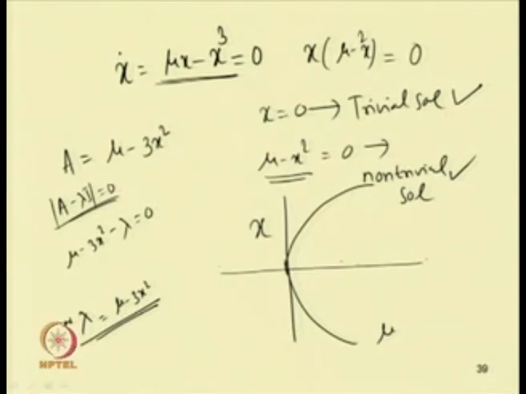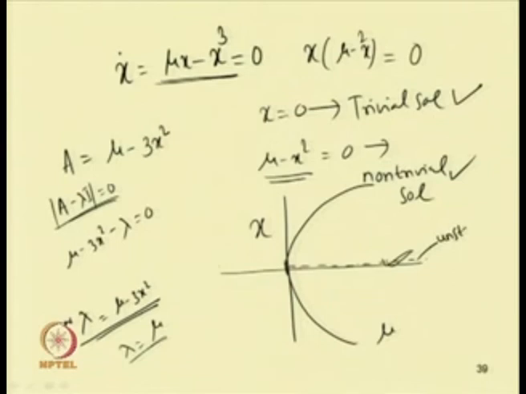So, for mu x minus x cube, now this is the solution. Substituting x equal to 0, we can find lambda equal to mu. So, x equal to 0 corresponds to lambda equal to mu. When mu is positive, lambda is positive. So, the eigenvalue becomes positive, and this branch becomes unstable.